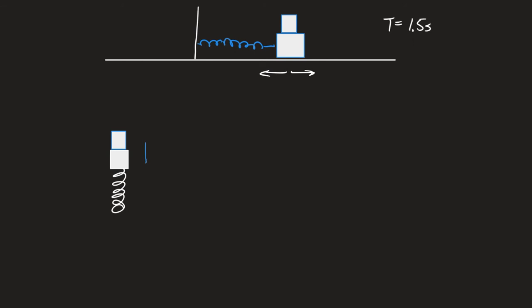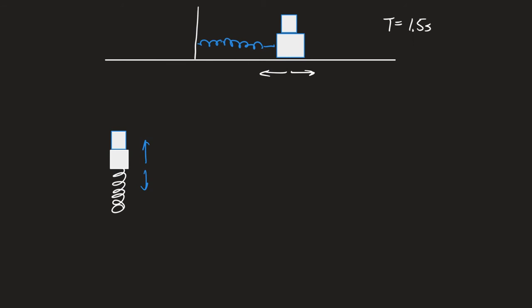The system is oscillating up and down, and you want to find out how much it has to oscillate until the box on top separates from the box on the bottom. These are very similar questions. They deal with thresholds. There is a limit to how much this can oscillate without the top box sliding off the bottom box.